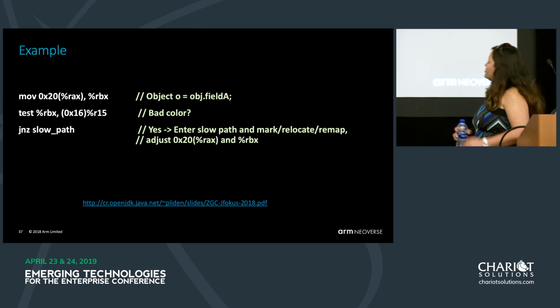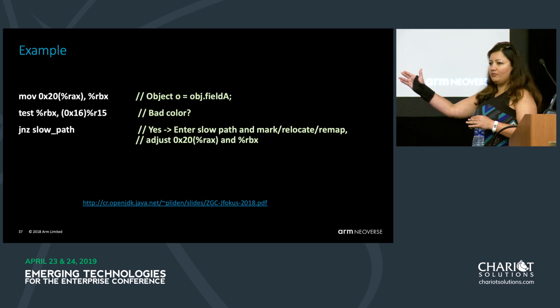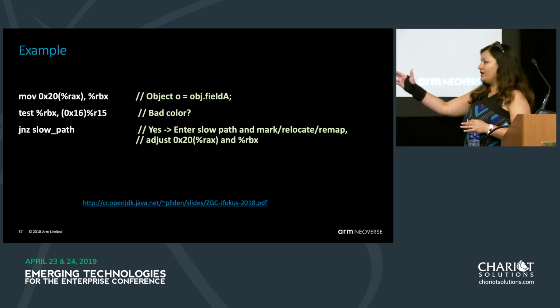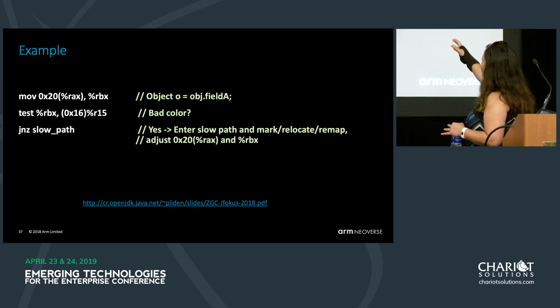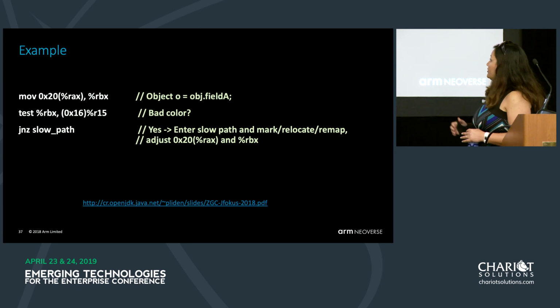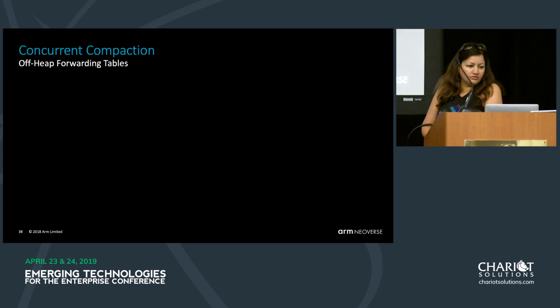Basically, enter the slow path, and you either mark, relocate, or remap, depending on what that bad color means. The bad color could be because marking is not done, or relocation is not done, or remapping is not done. That's why it's a bad color. And then you adjust and change the value. As simple as that.